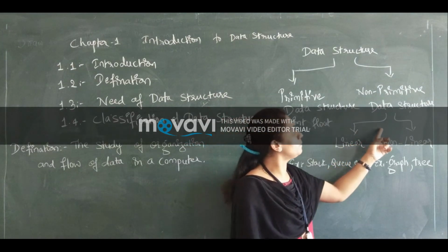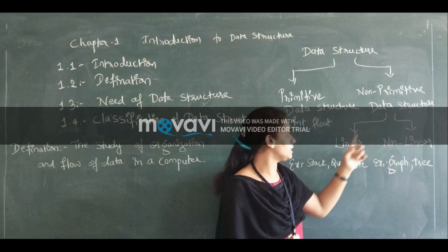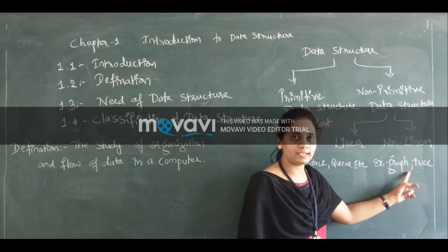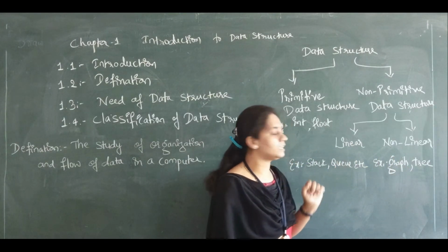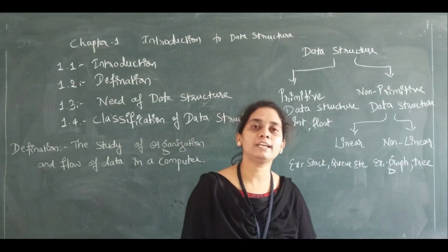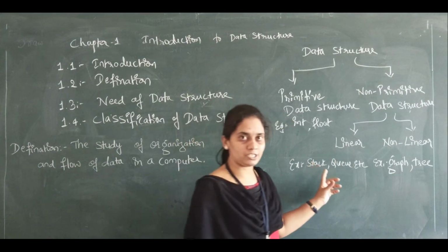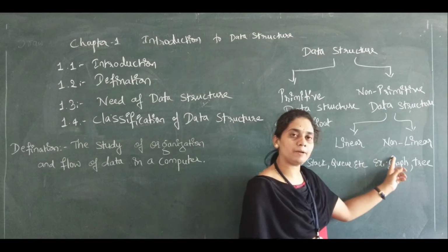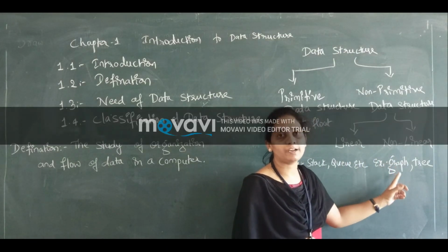Again, non-primitive data structures are classified into linear data structure and non-linear data structure. Linear data structure means the data will be arranged sequentially, whereas non-linear means the data will be arranged randomly.